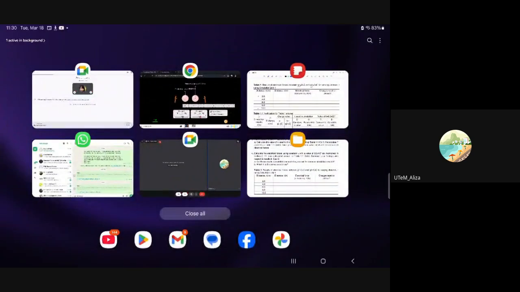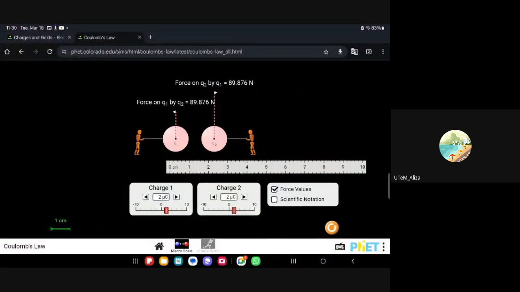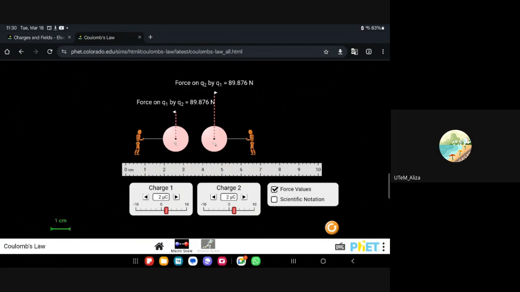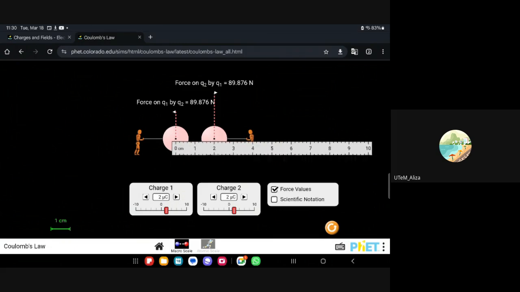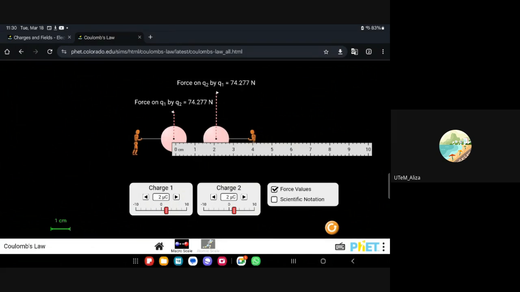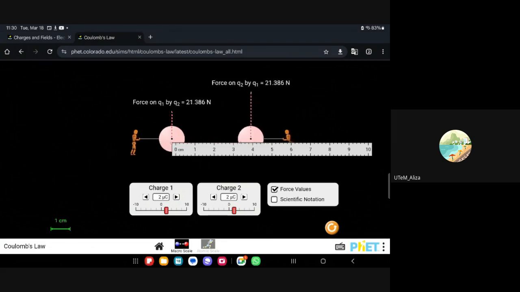So let's go to the simulation. In this simulation, you can move around the ruler. Make sure you want that 2 centimeters. The first charge or the second charge can be moved around, so let's say you want to fix one of them.